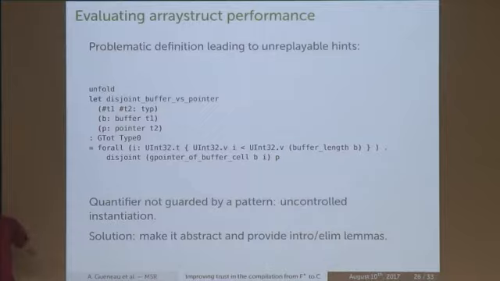So the general thing you want to do here is put a pattern to guard the forall that indicates to Z3 what terms to look for in the environment to instantiate. In that particular case, it was fixed by just making this lemma abstract and then providing wrapper lemmas guarded by patterns.